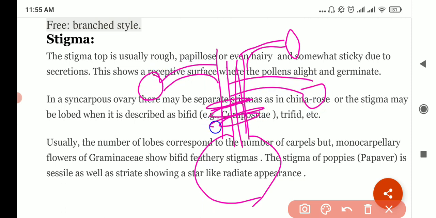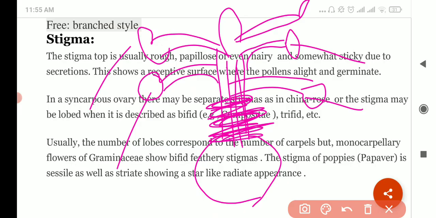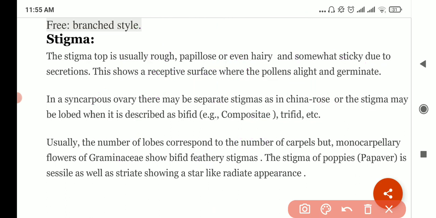They are grouped together down here, and at the top they are free. So there are so many styles; their lower part is fused together and the upper part is free. Maybe in one of the videos you have seen this picture.